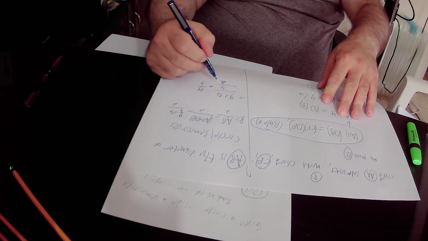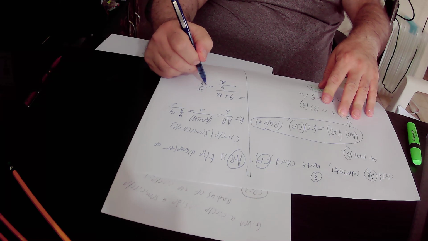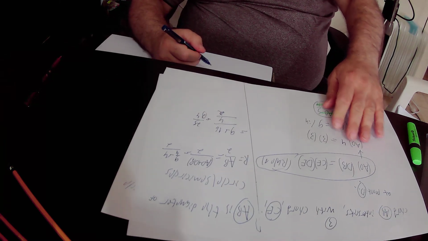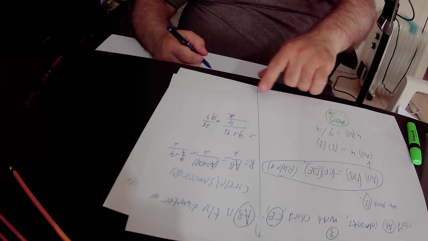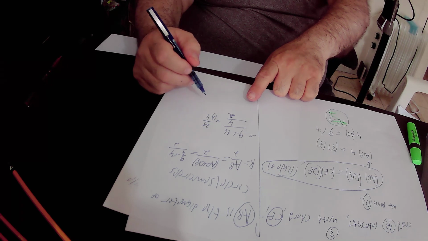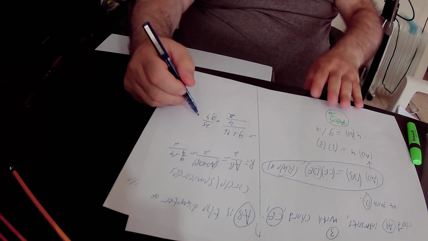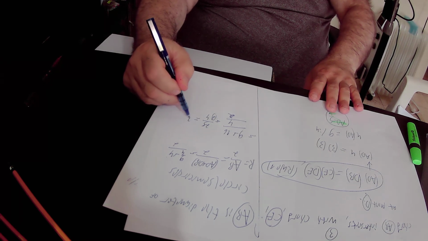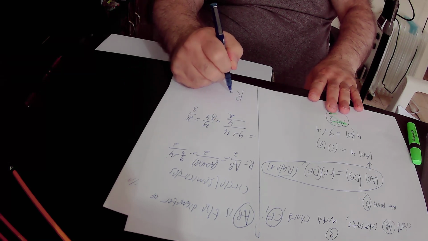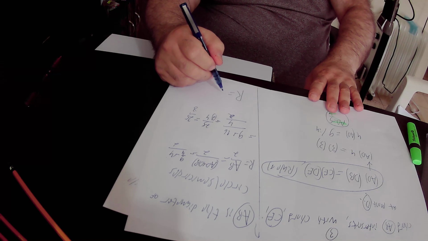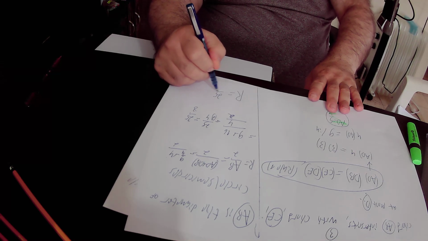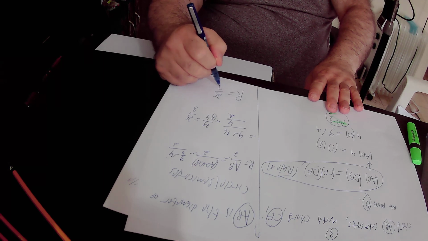We'll move the 2 to the denominator and we'll get that it is equal to 25 over 2 times 4, that is 8. So in conclusion, we found out that R, the radius of the big circle and also the radius of the semicircles, is equal to 25 over 8 units.